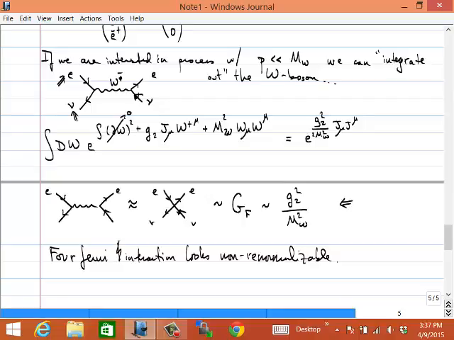Let me say that perhaps a little bit more clearly. If you studied the theory of interacting electrons and neutrinos at very low energy, and then you start trying to increase the energy, you'll see 4-point couplings like this. But then at some point, at sufficiently high energy, say when you're studying the interchange of momenta that are of order the weak boson mass, suddenly you'll discover that there's some substructure to this 4-point interaction, and that you should really be more properly replacing it by some exchange of a W boson.